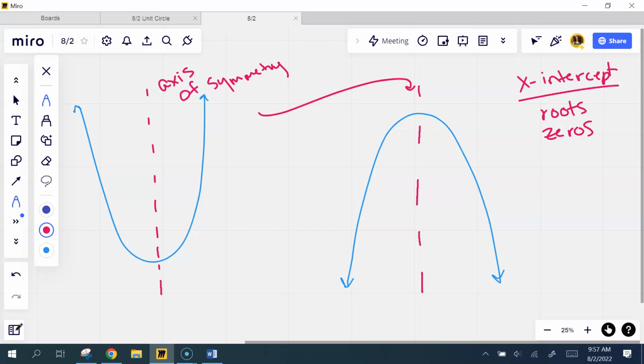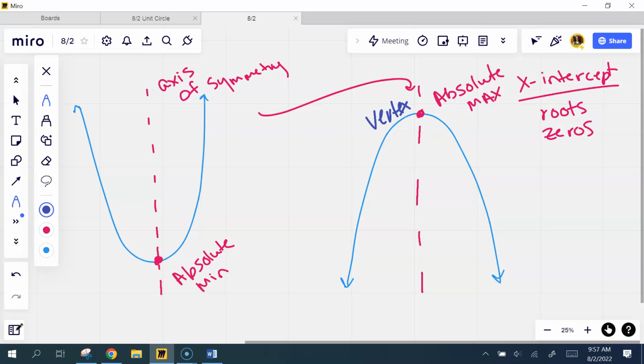What else? Vertex. That's exactly what I want you to get to. Vertex. This is different than a line that goes off in both directions, because in this case, this has a very highest point or a very lowest point, depending on which way my parabola is opening. So I call this an absolute maximum or an absolute minimum, because it's absolutely the lowest or highest point that it will go, but specifically we call this the vertex.